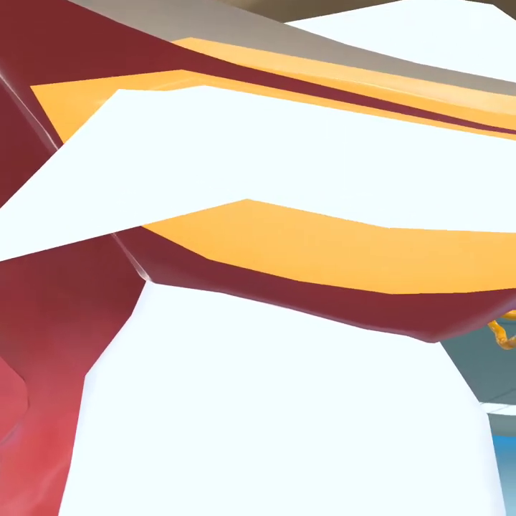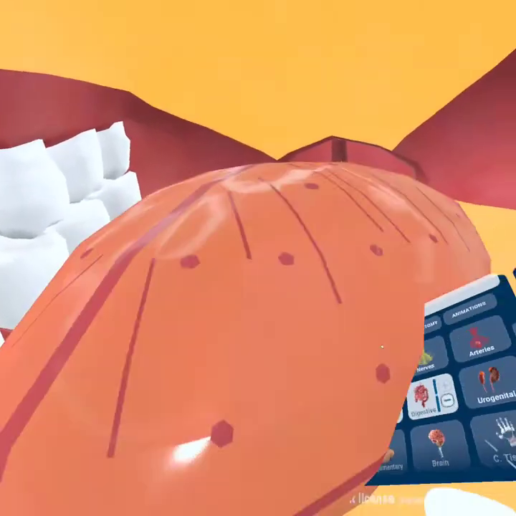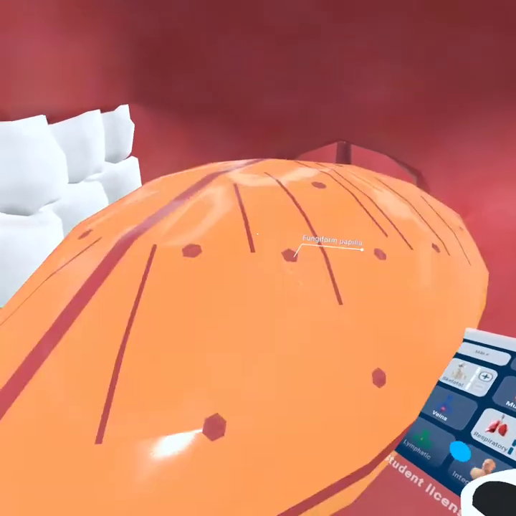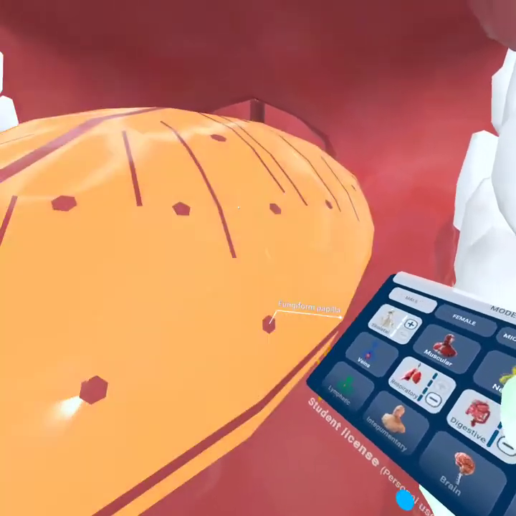Von Ebner's gland: circumvallate papillae have von Ebner's glands, and foliate papillae are rudimentary in humans and do not contain von Ebner's glands. So foliate, fungiform, filiform.